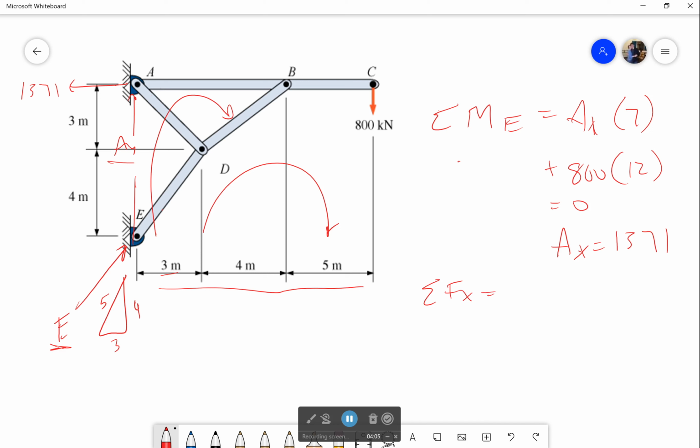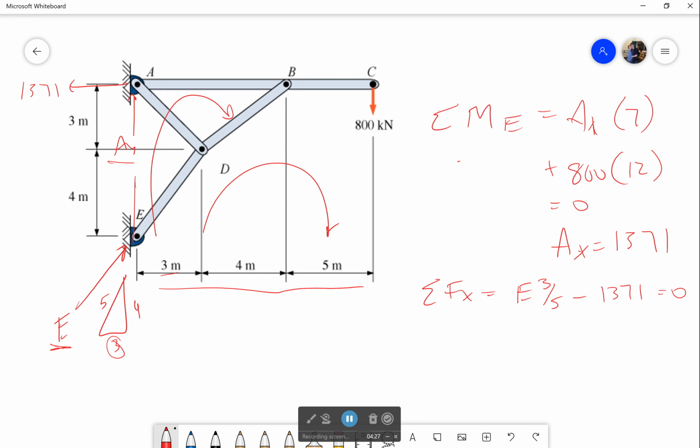So I have, okay, sum of the forces in the X direction. I have E times the horizontal component, which would be 3 over 5. So 3 over 5 minus 1371. That's going to be equal to 0.